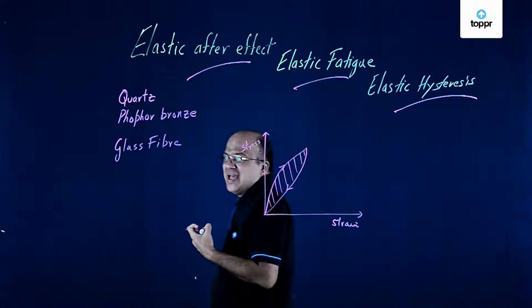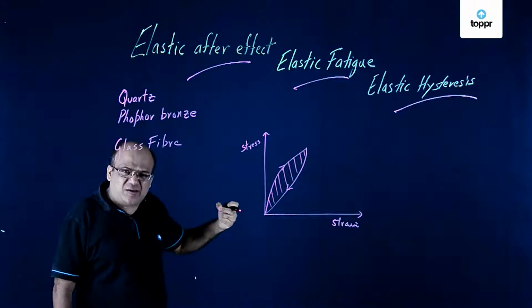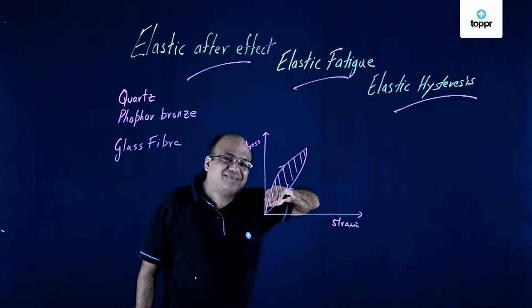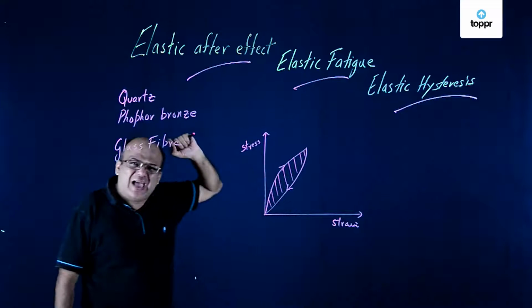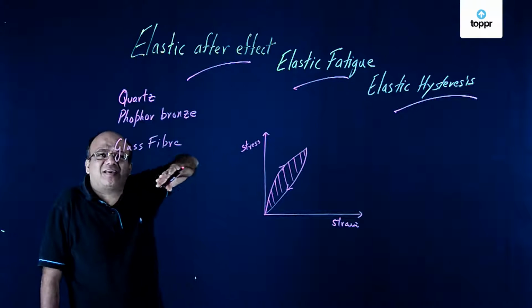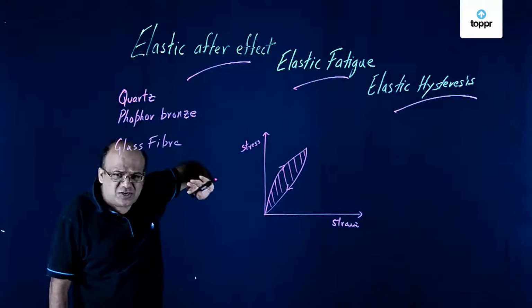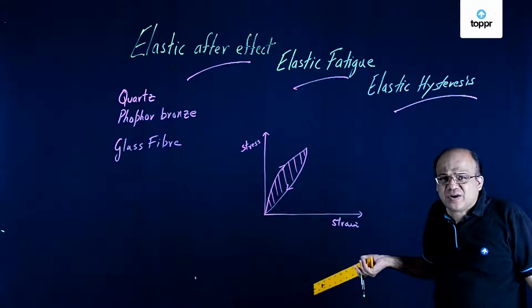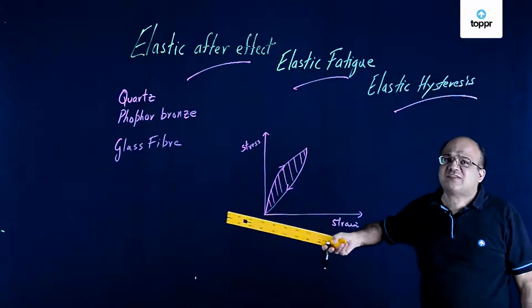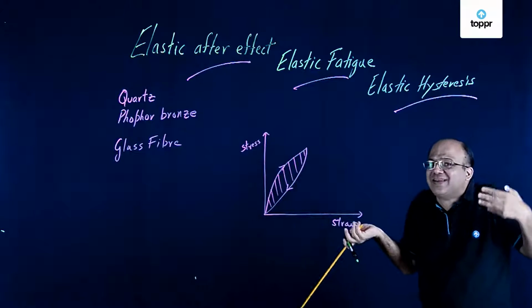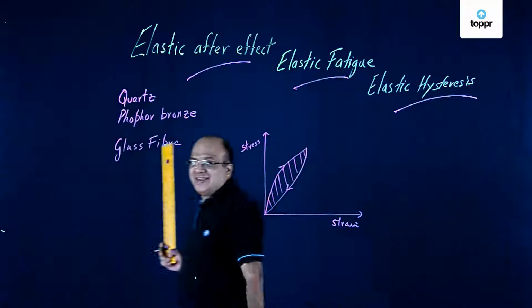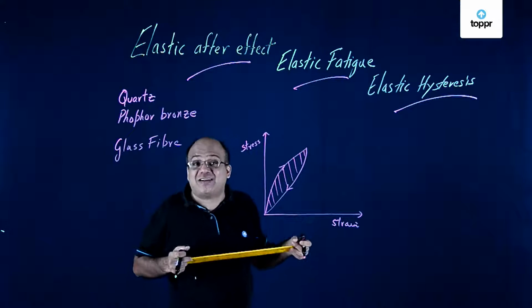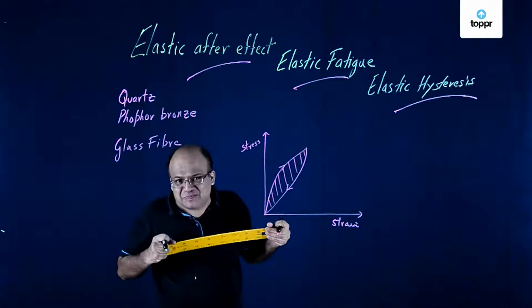Car tires are made of synthetic rubber which has a low area hysteresis loop, right? And because of this, the car tires do not get heated too much in a journey. Shock absorbers are made of vulcanized rubber which has a large area hysteresis loop, so a lot of energy gets dissipated as heat, right, in these shock absorbers. Shock absorbers are made of vulcanized rubber, car tires are made of synthetic rubber.